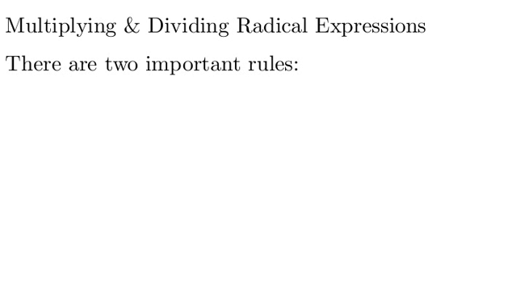So if we have square root of x times the square root of y, that's equal to the square root of x times y. Let's go ahead and put a 1 in front of it, just so we know that there are two rules. This is the product rule. Remember this from the last section.